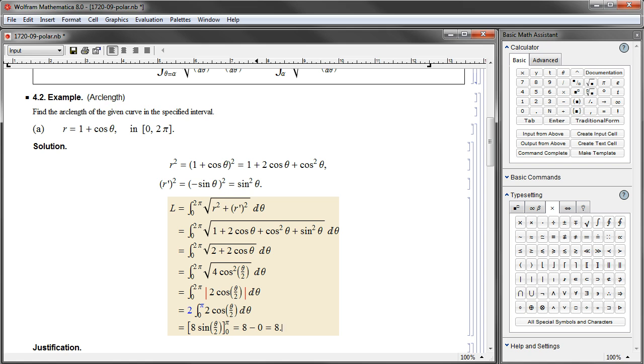And here it is, 4 sine of theta over 2, and plug in pi, plug in 0, subtract one from the other, and we're going to get, yes, pi over 2, sine of pi over 2 is 1, so 8 minus 0, we're going to get 8. That's right.